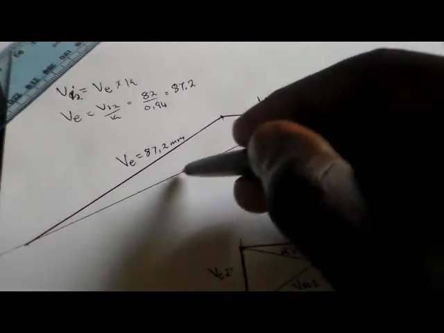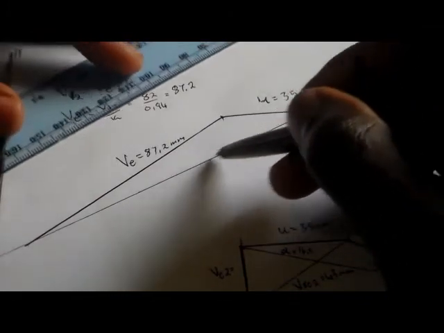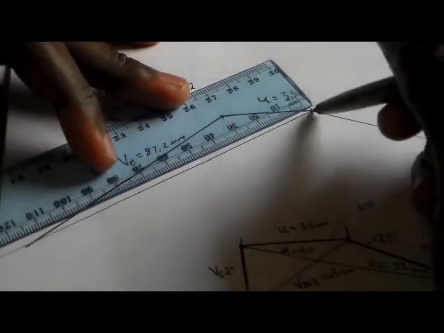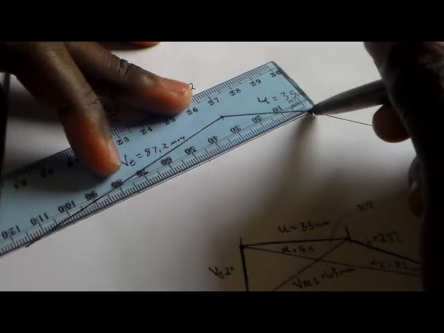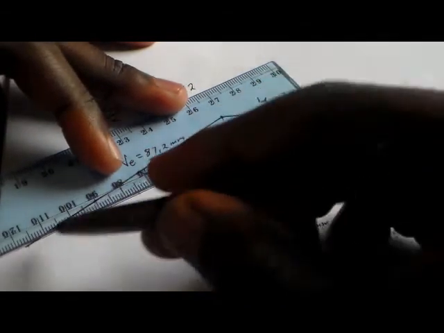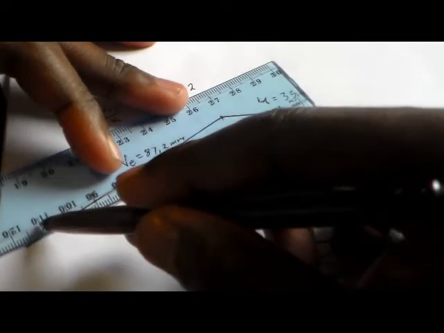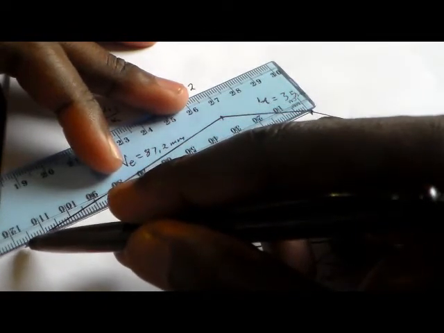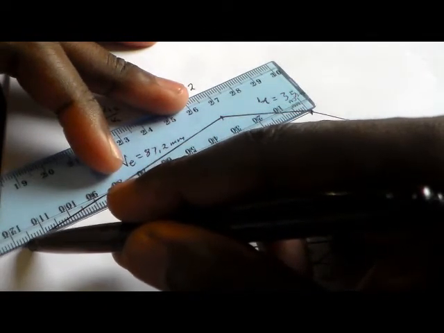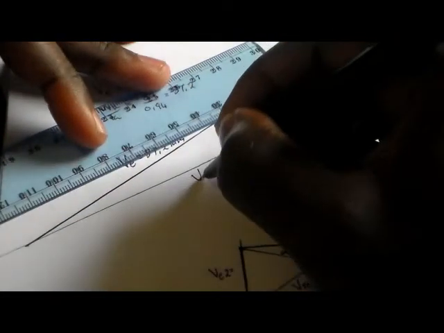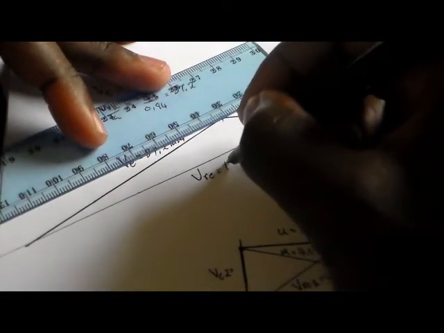And from this one, now we do have the relative velocity here. If we do have the relative velocity, we can just measure it here. It gives us 115, 16, 17. So VR2 is 117.